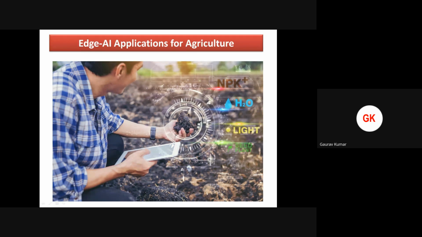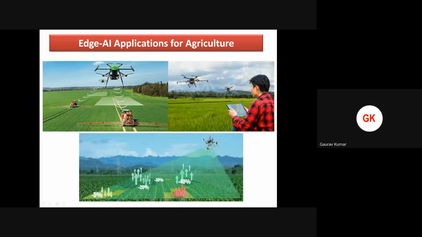This is also an instance related to edge computing, but interrelated with artificial intelligence. In the same way, we can use drones for the agriculture domain. Before covering any practical demonstration or any specific tool, we should be clear about the different use cases where we can work with edge computing.